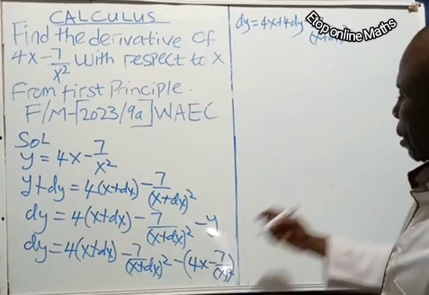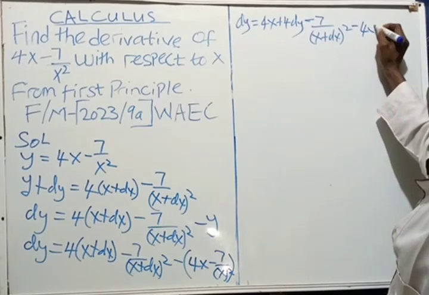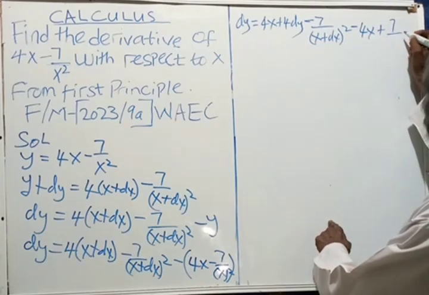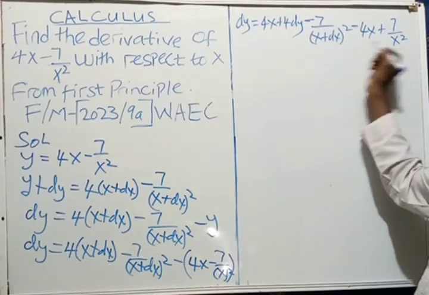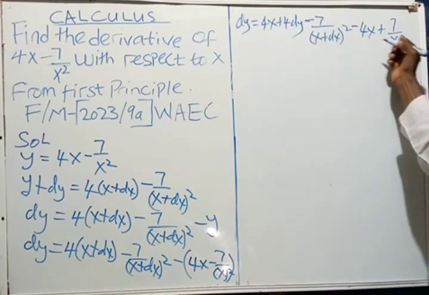Now, when I remove the bracket, the sign will change. I have a minus 4x plus 7 over x raised to power 2. So from here, I am going to regroup them.